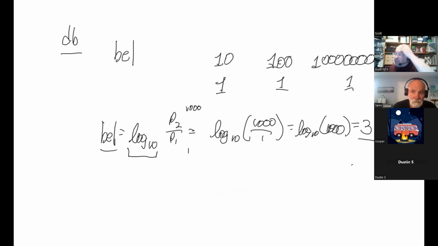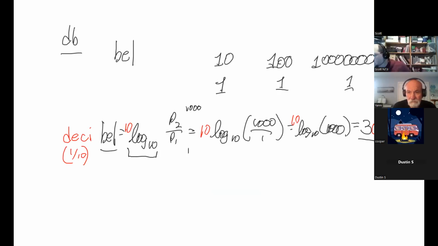Well, it turns out that that number really wasn't big enough. So they used something called a deci, D-E-C-I, which literally means 1/10, and created something called a decibel, which basically means that they had to take this and multiply it by a factor of 10 to get something that was 10 times bigger. They had to multiply it by 10 all the way through, and then that became 30 decibels.